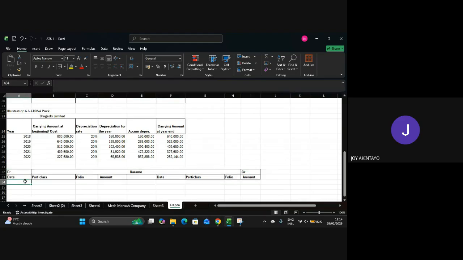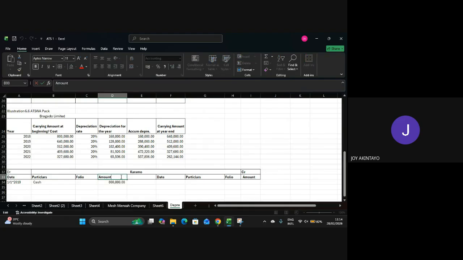So what's the date? So we start with one. It was purchased 1/1/2018. So how did we purchase this? Let's make use of our cash. How much? 800,000.